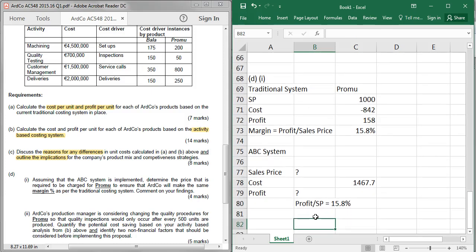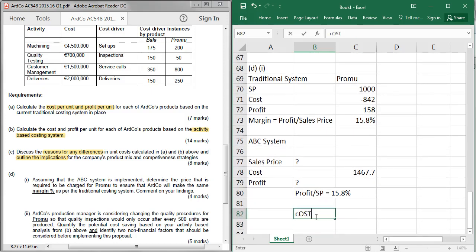Now this is quite a tricky one. So that means cost over selling price must be equal to 100% minus 15.8, which is 84.2%. So that's how you work it back. You're saying, if I want to find my target price, I know if profit over selling price must be 15.8, my cost over my selling price must be 84.2%.